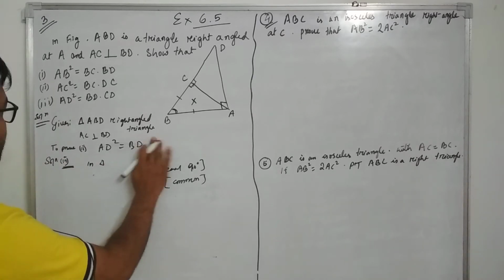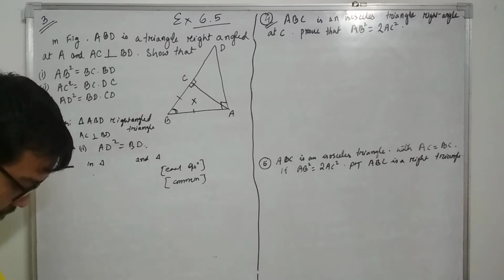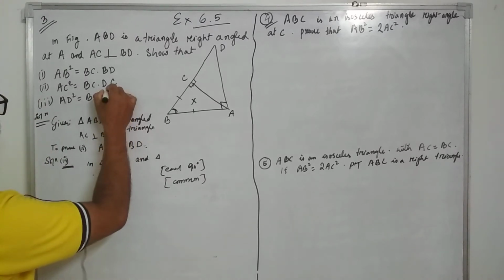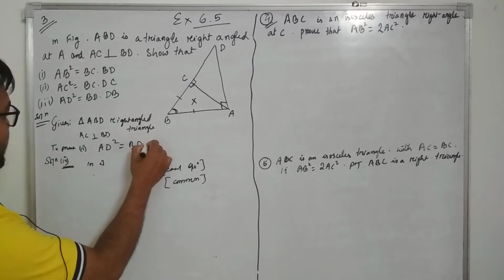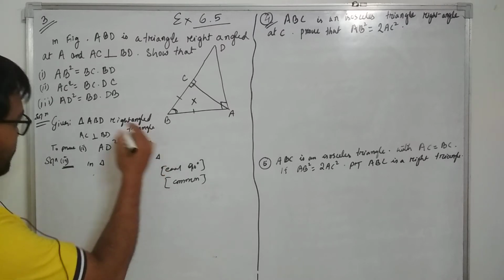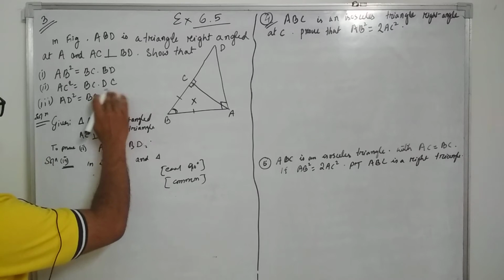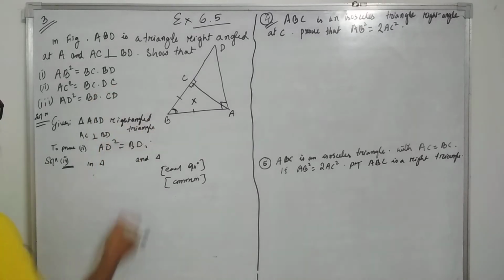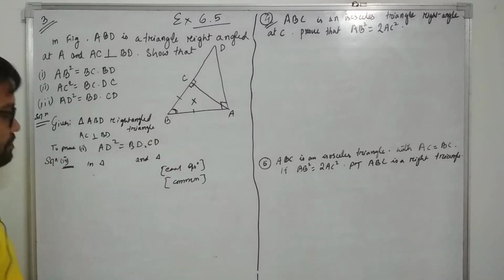Please make the corrections: AD square equal to BD into CD.